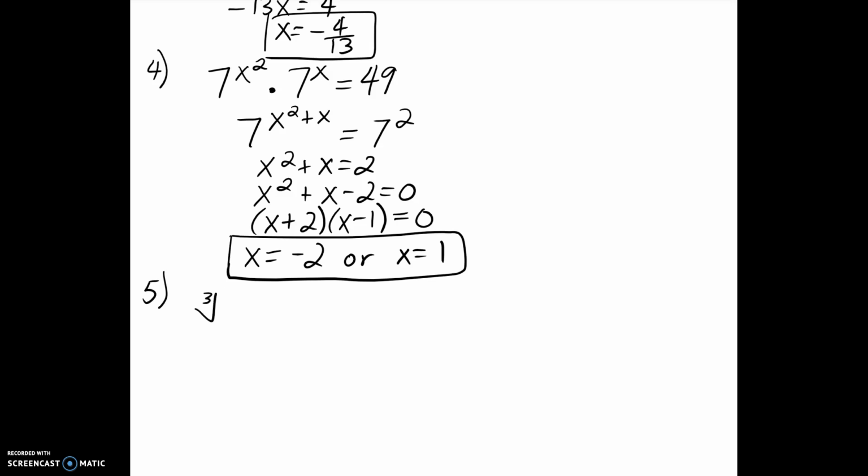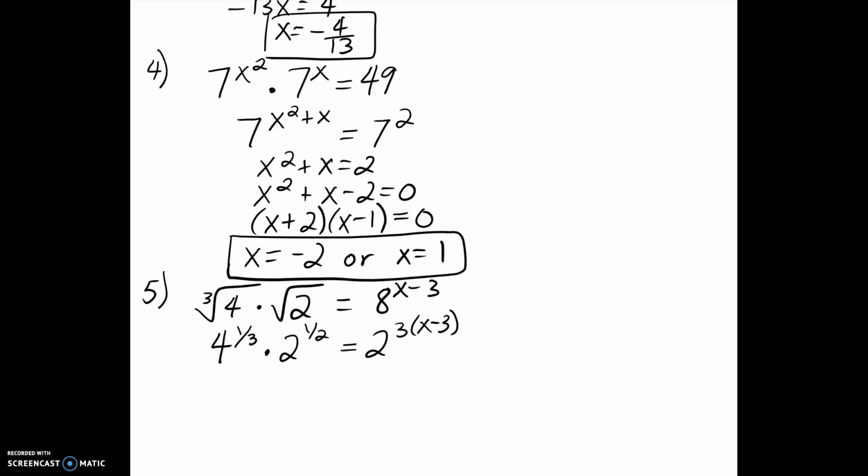And our last one, we'll throw in some with radicals. So remember, with a radical, it's the same as a fraction exponent of 1 over. So that's 4 to the 1/3 times 2 to the 1/2 equals, this will be 2 to the 3rd. Although I am going to change over the other one next. So this would be 2 to the 2/3, 2 times 1/3, 2 to the 1/2.